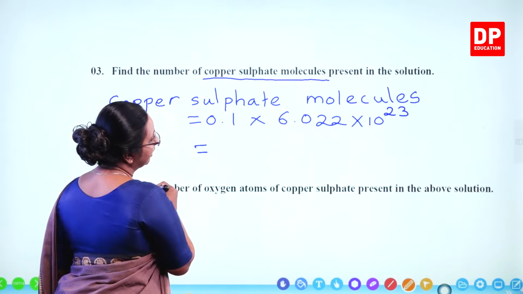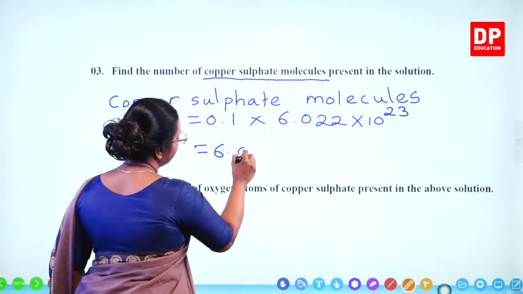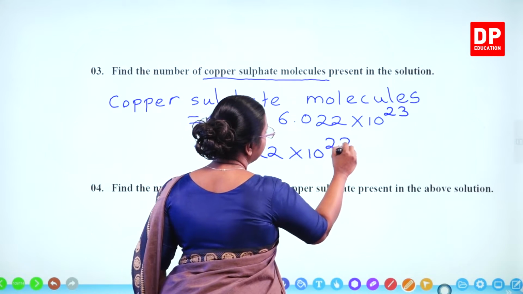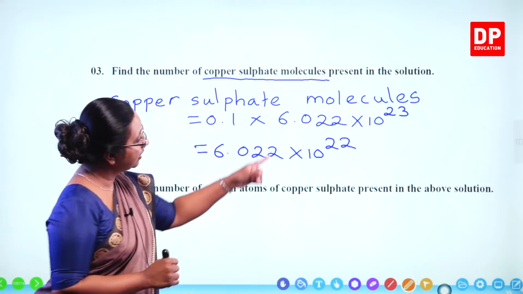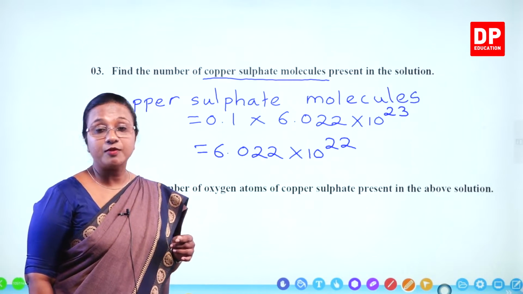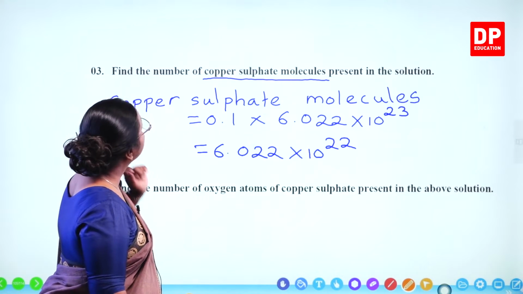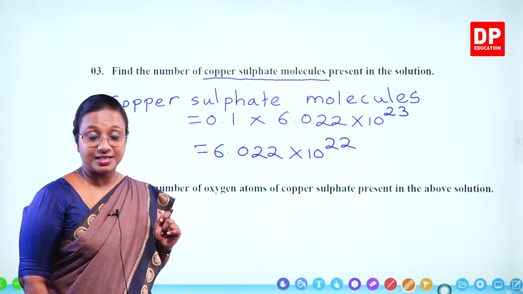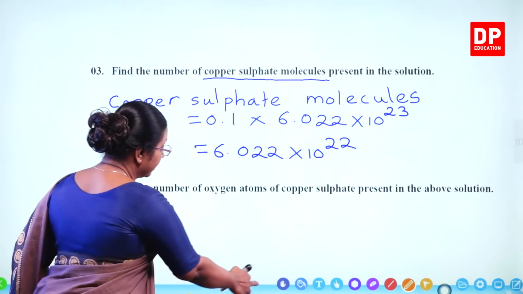So when you calculate the value, you will get it as 0.22 into 10 to the power of 22. Why? 0.1 and 10 to the power of 23, it becomes 10 to the power of 22. That is the number of copper sulfate molecules present in the solution. Then the next one.